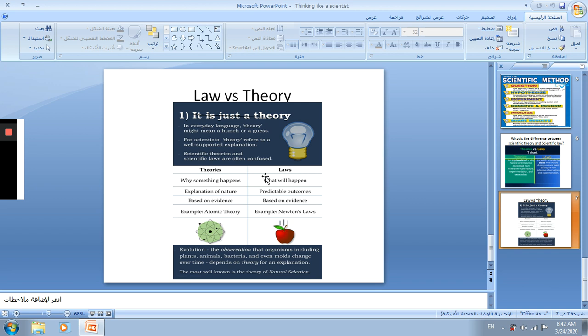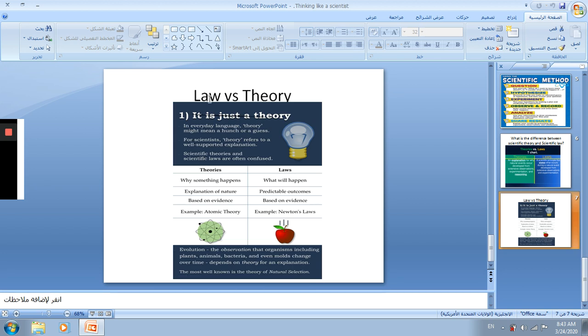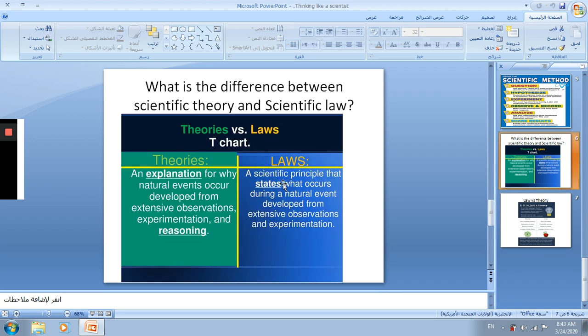I gave you examples, differences and similarities between theories and laws. All you have to do is only know the key difference between them. As I said before, laws are about expectations, theories are about explanations.